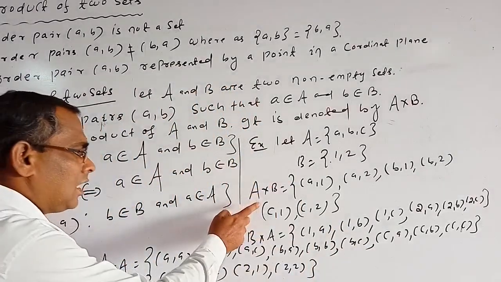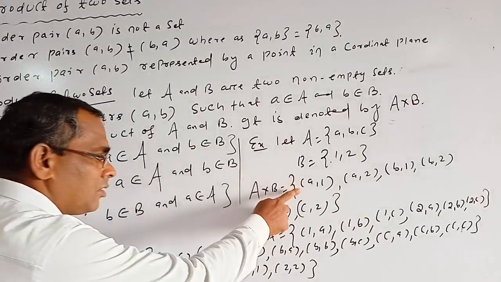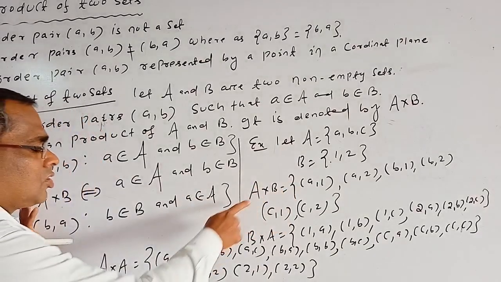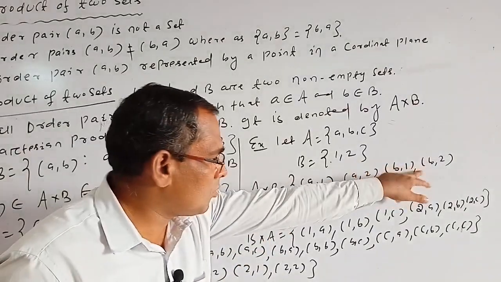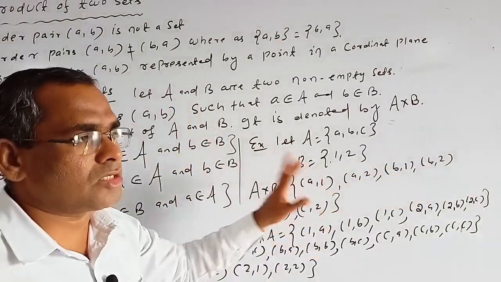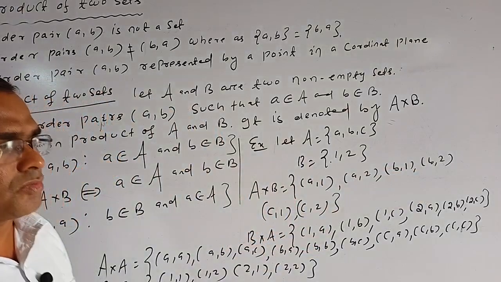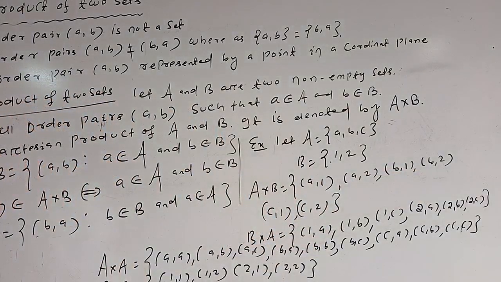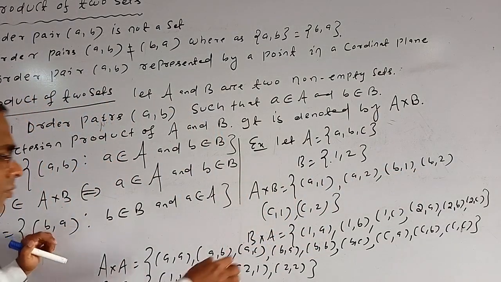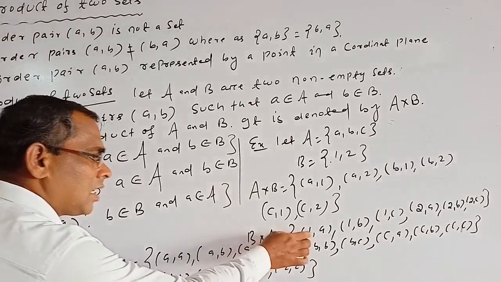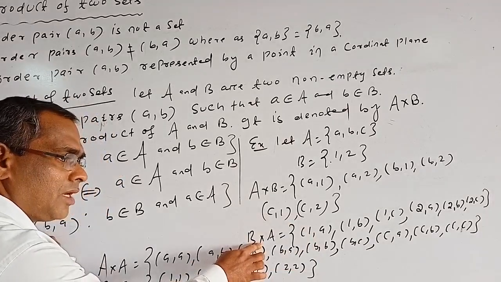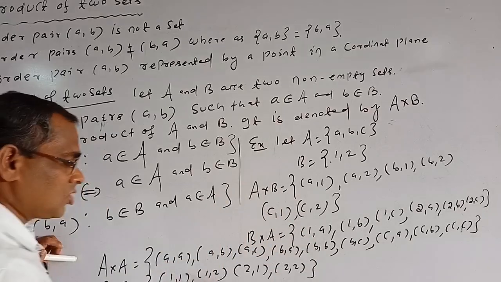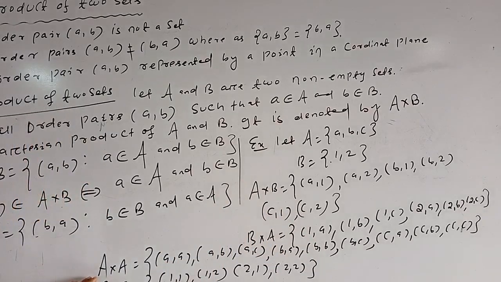So how many ordered pairs are present in A cross B? In A cross B there are 1, 2, 3, 4, 5, 6, so 6 ordered pairs present. Means the number of elements of A cross B is equal to 6, and B cross A also has 6 ordered pairs.